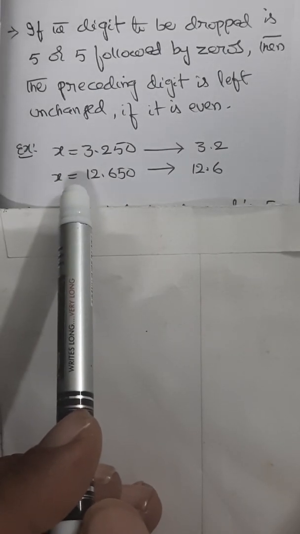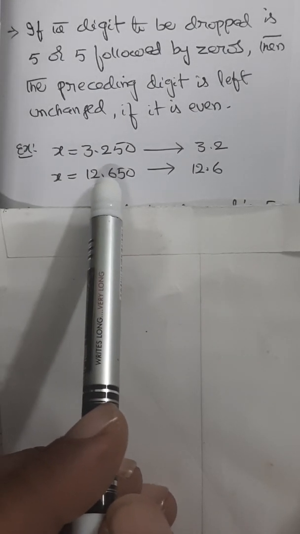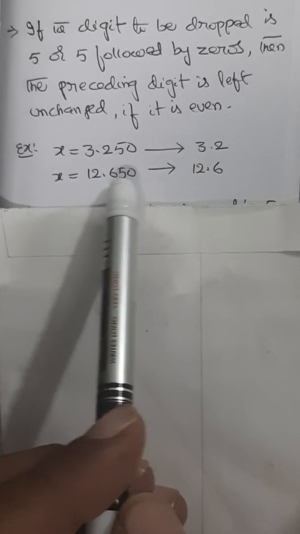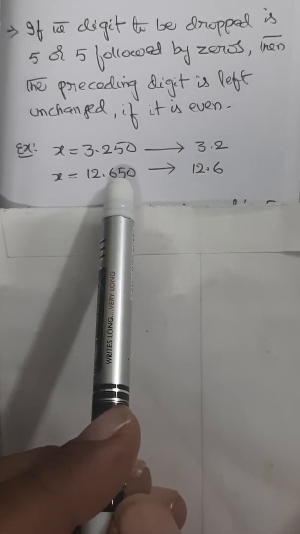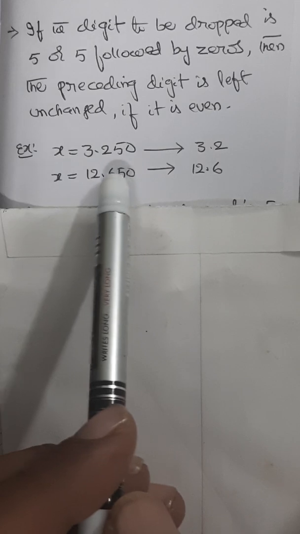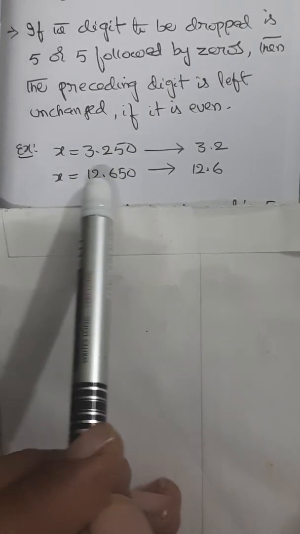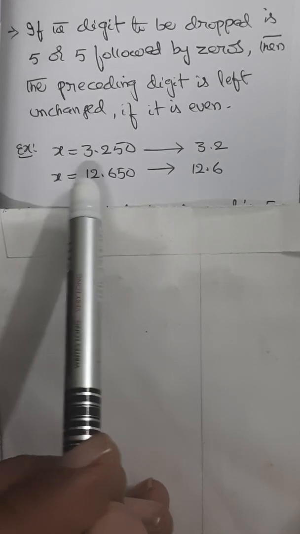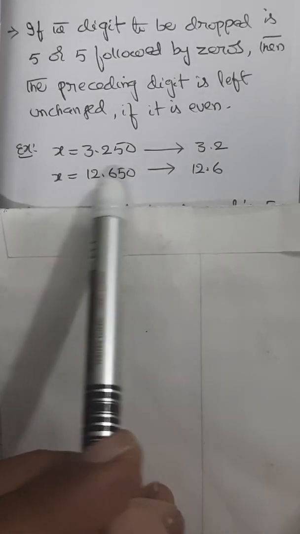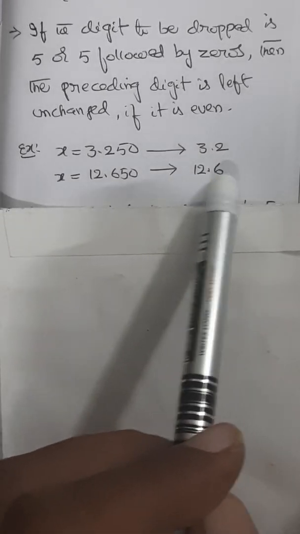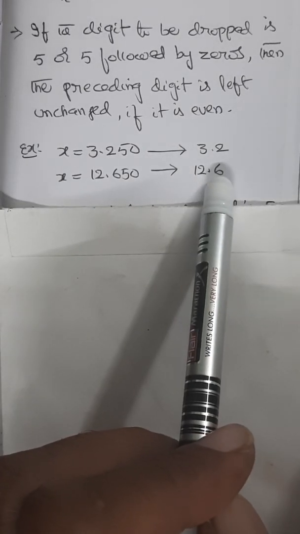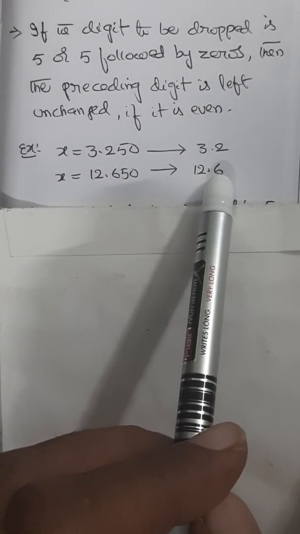Say for example, you have an experimental observed value as 12.650. So this is 5 or 5 followed by zeros. The preceding digit is 6. 6 is even only. So therefore it is left unchanged. Therefore x equal to 12.650 is rounded as 12.6 only. Okay, this is rule number 4.